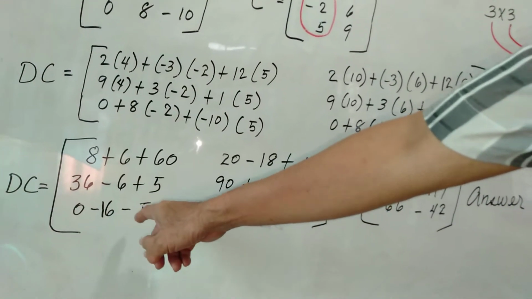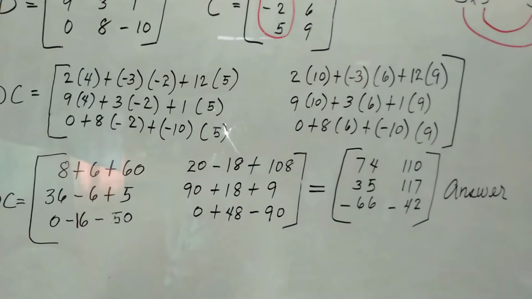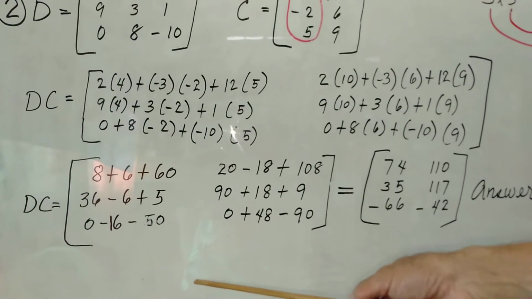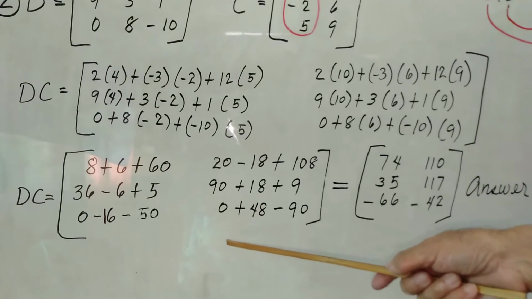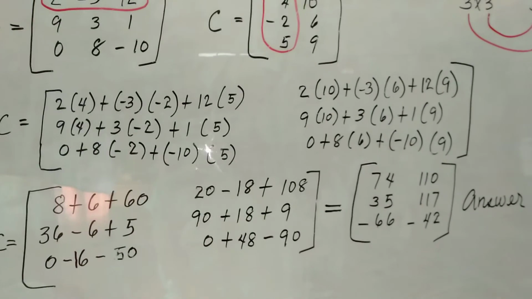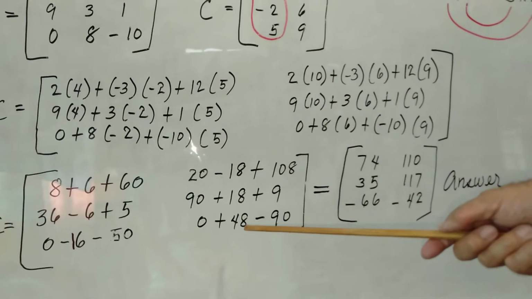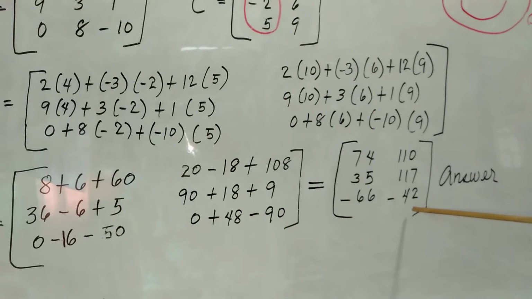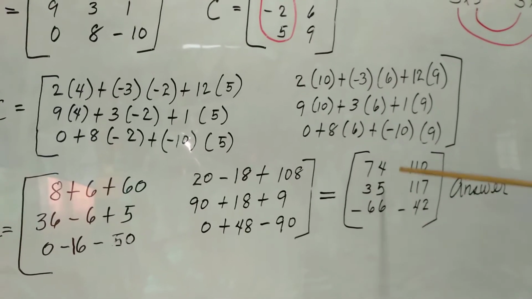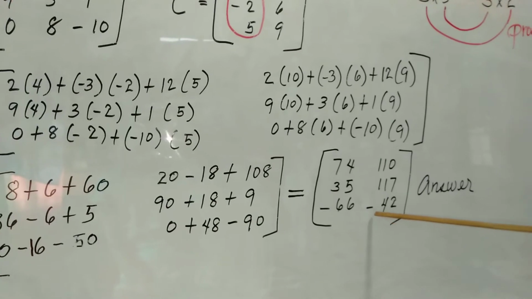This one is negative 16 minus 50 is negative 66. And this one is 48 minus 90 is negative 42. So our final product is 74 and 110, 35 and 117, and negative 66 and negative 42.